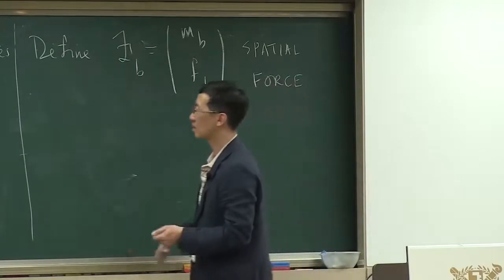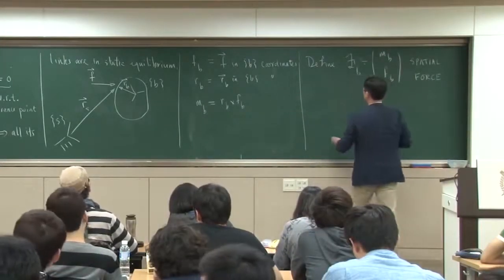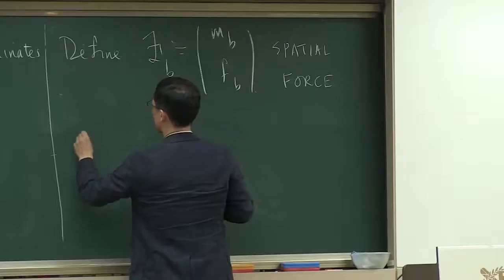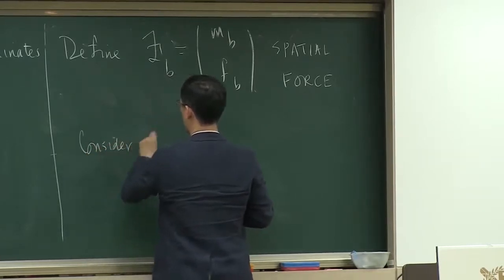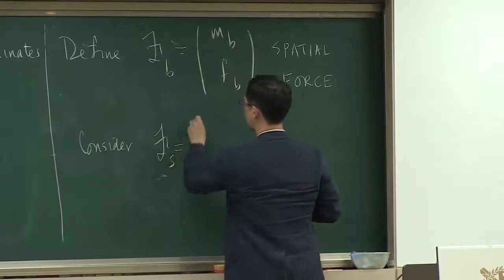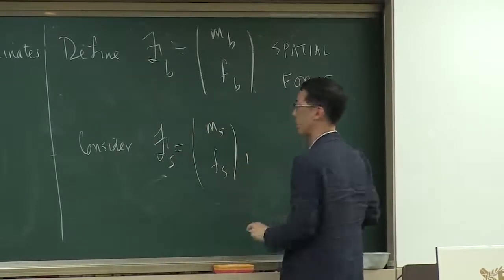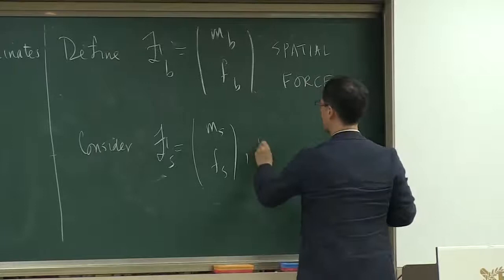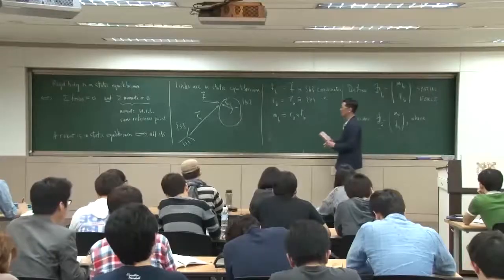All right. So let's just work with the two frames B and S. So let's consider M sub S, F sub S, where we now have to define what M sub S and F sub S are. So let's do that here.